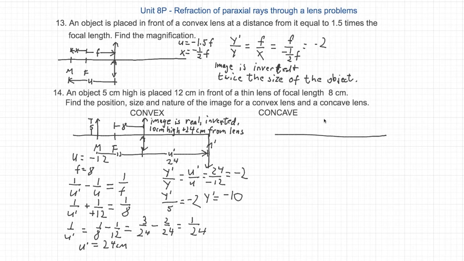Now we'll do the same thing for a concave lens. All the information is the same except for the focal point. A concave lens has its primary focal point on the right side of the lens, and the focal length measured from F to A, going from right to left, is now -8 and not +8 as it was for the convex lens.